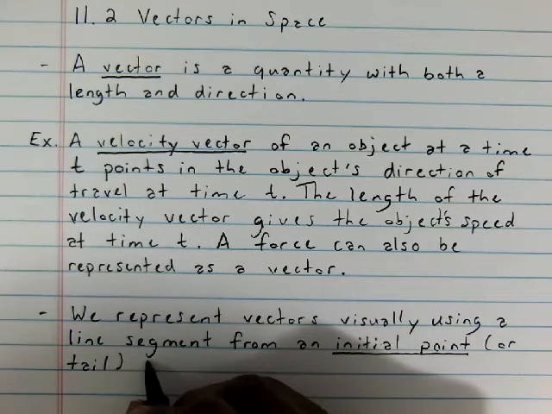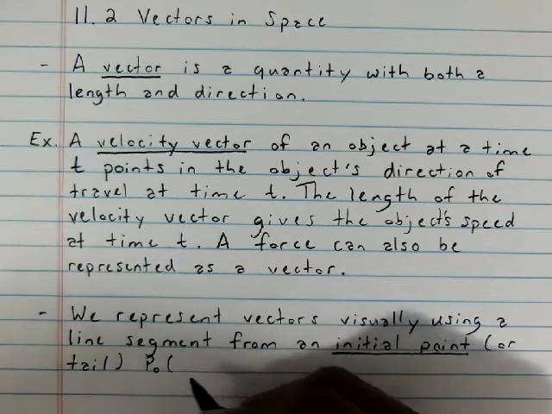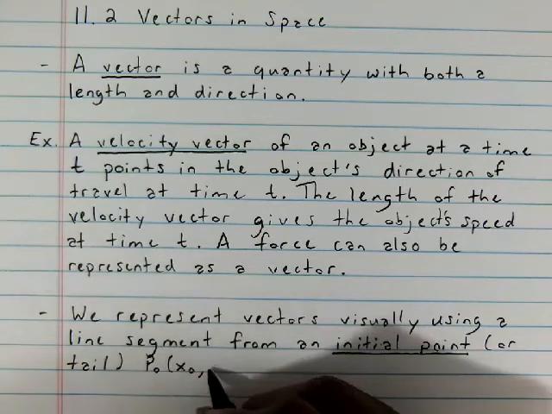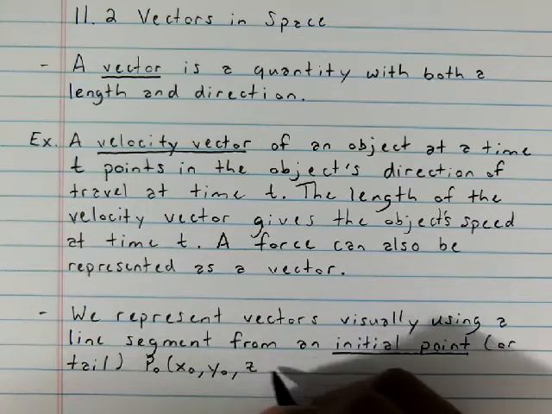We'll call this one the point P naught and represent its coordinates by X naught, Y naught, and Z naught.